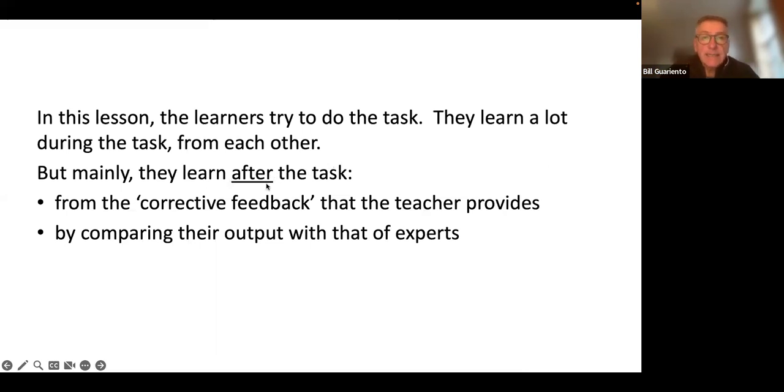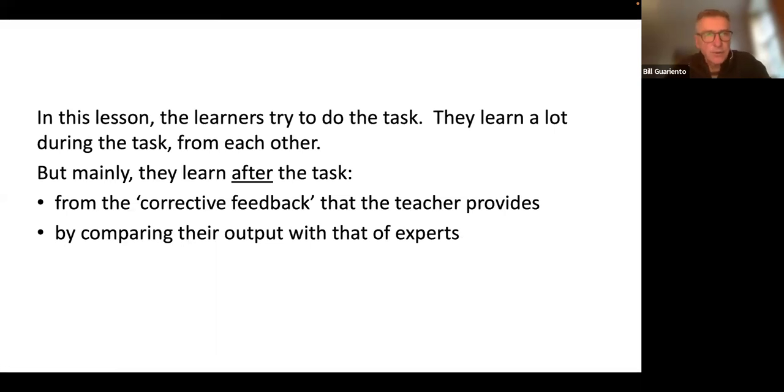So that delayed corrective feedback is after the task. Okay. And another way in task-based learning that the students can improve is that they can compare, the last bullet point, they can compare their output with the output of experts.